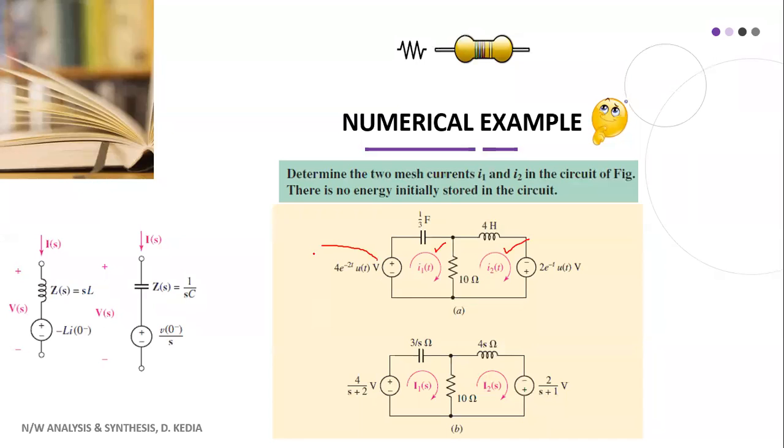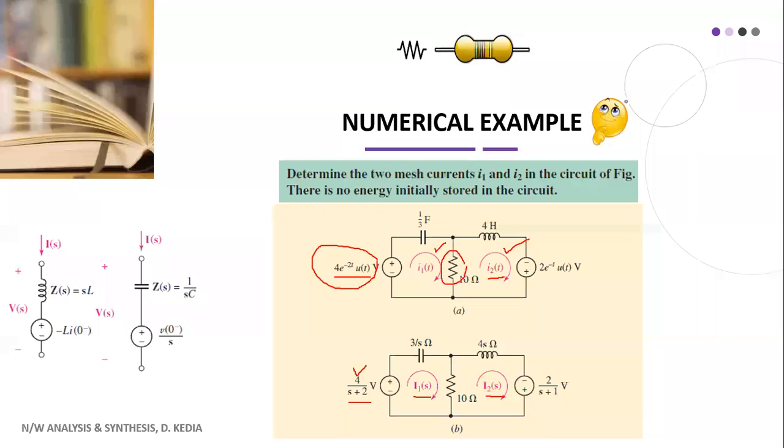So first, this is a voltage source which is represented as 4 e raised to minus 2t ut. So its Laplace transform will be 4 by s plus 2. I hope this is very clear. I1t will become I1s, I2t will become I2s.